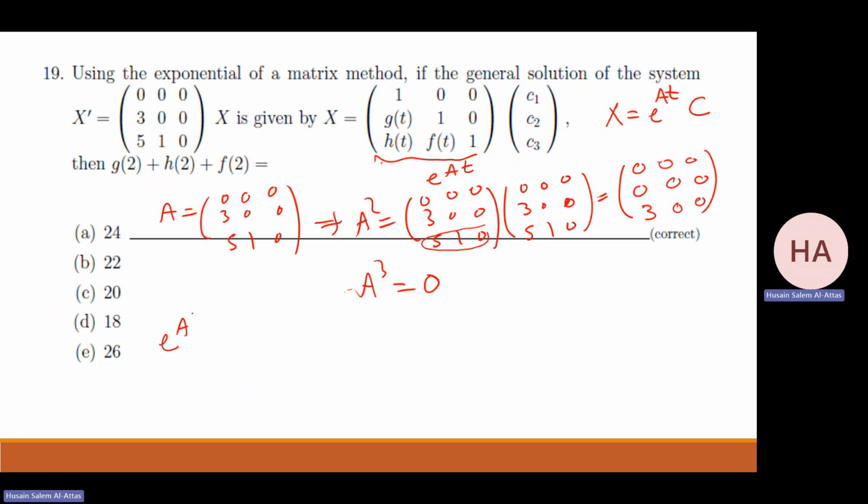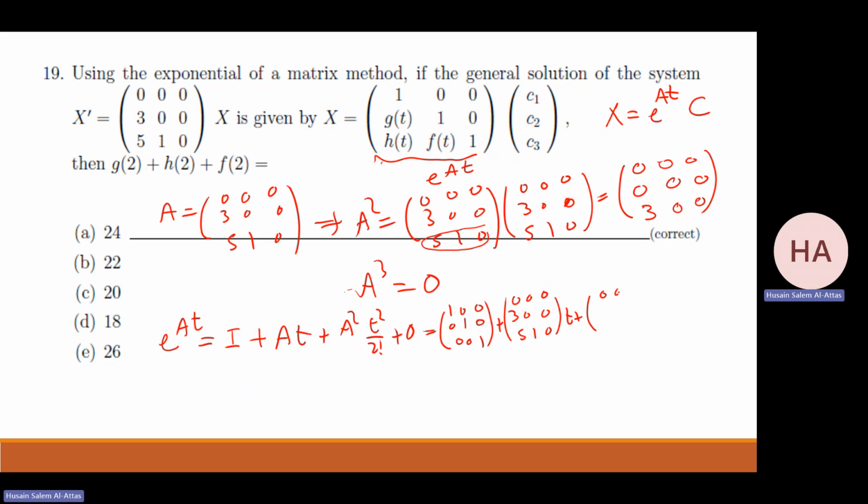So e to the At, which I'm looking for, is I plus At plus A squared t squared over 2 factorial plus 0. That will be the identity matrix plus A times t plus this one, 3, 0, 0, times t squared over 2.